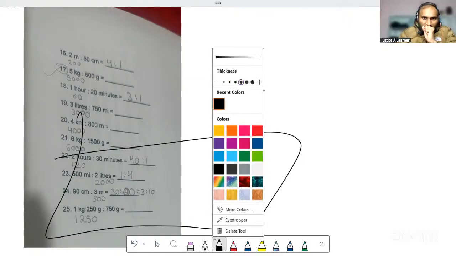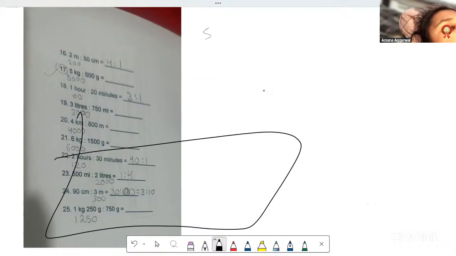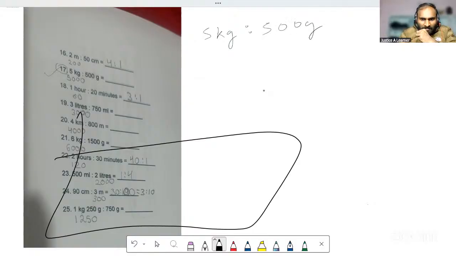Okay. Yes. So this is 5 kg. Can you do something that doesn't let me use the pen and then give me the pen again? I shall give you the pen again. I did not give you the pen. Are you able to get the pen again?